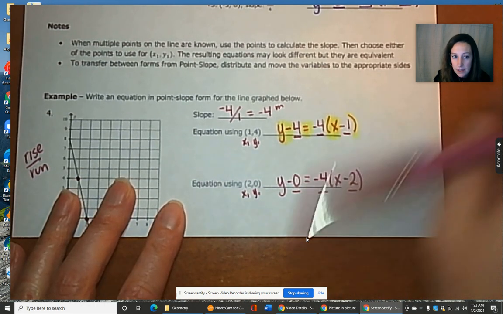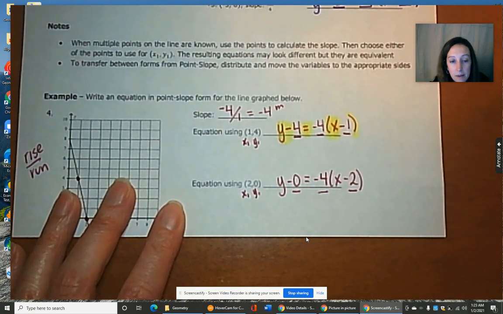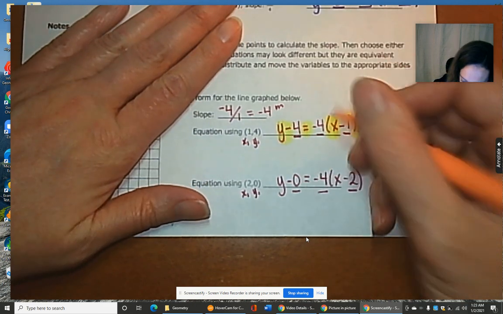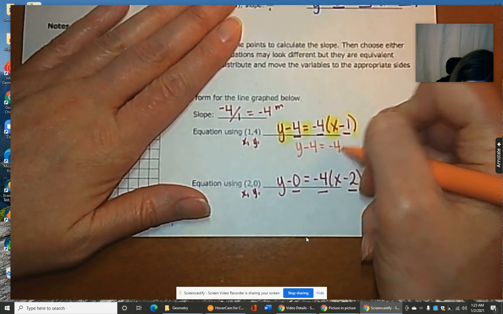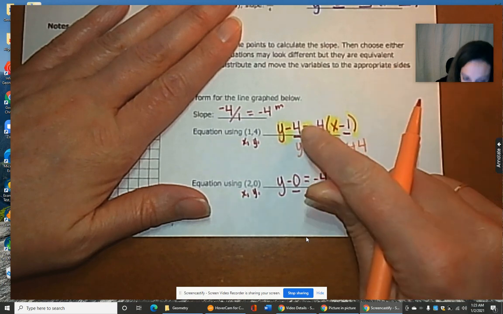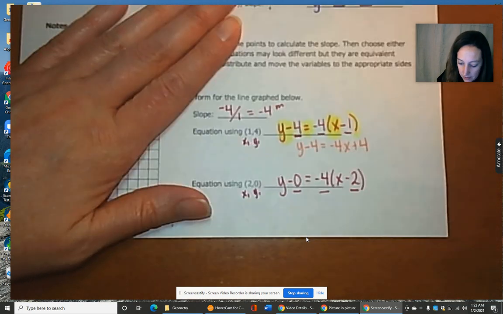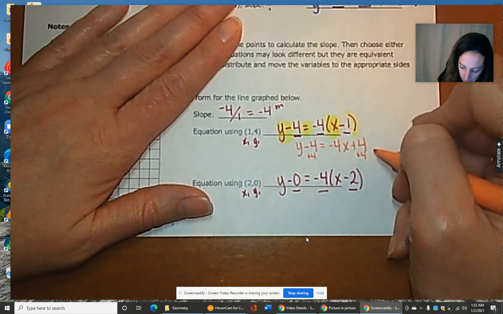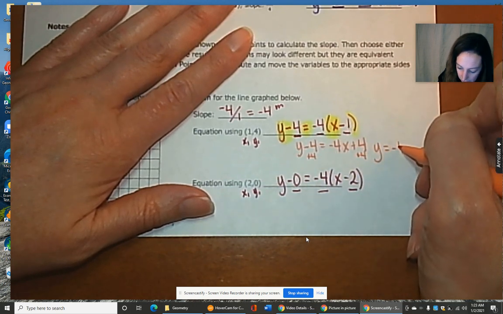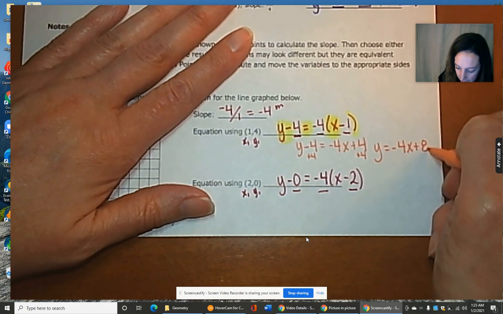Now, this is what I was saying earlier. They're equivalent because if I solve for y in both cases and get y by itself, I'll get y minus 4 equals negative 4x plus 4 if I distribute to get rid of my parentheses. If I add 4 to both sides, I get y equals negative 4x plus 8.